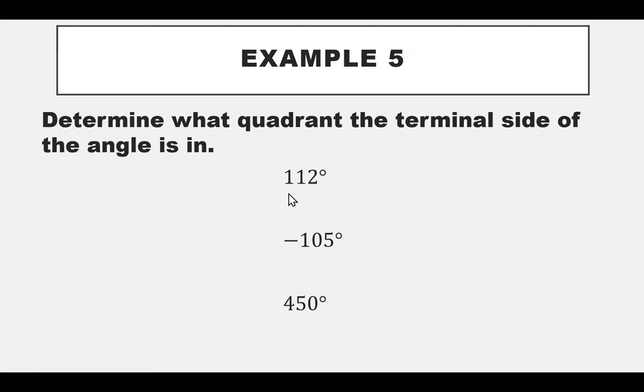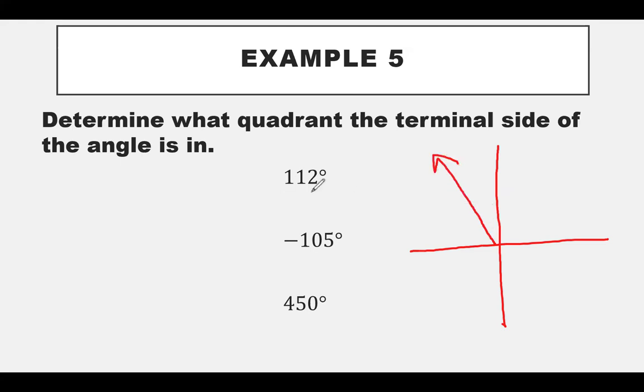Let's do the same with the degrees. So here we have 112 degrees. Well, I actually know that 112 degrees is going to be above 90, but under 180. So that's going to be somewhere in quadrant 2.